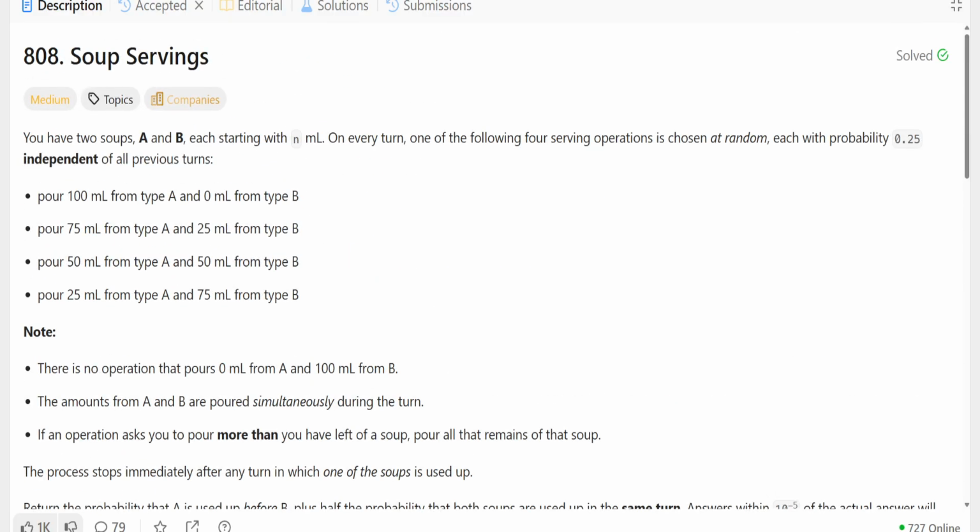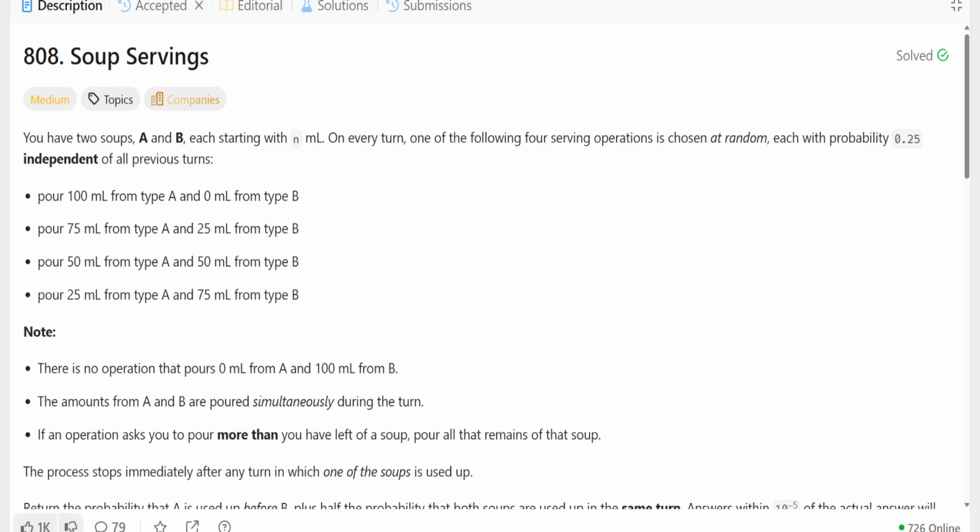The question says that on every turn, because we have two soups A and B, one of the following four serving options is chosen at random. These are the turns we have been given, and based on these there are some operations that will be performed.